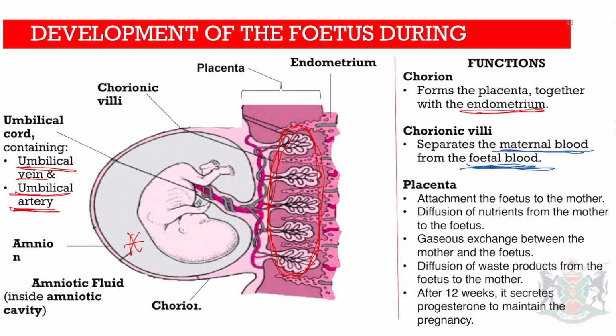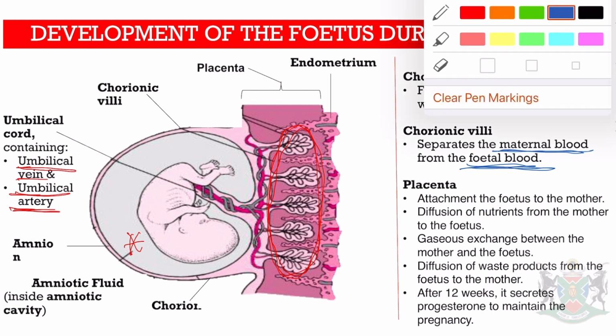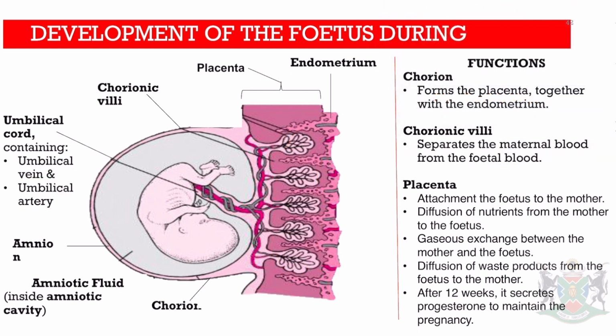Right, from there we go to the placenta. The function of the placenta: it serves as an attachment of the fetus to the mother, and diffusion of nutrients from the mother to the fetus. Remember, nutrients must go to the baby.